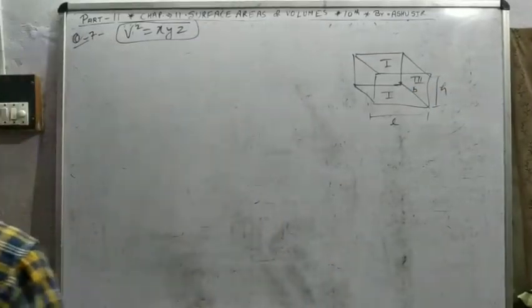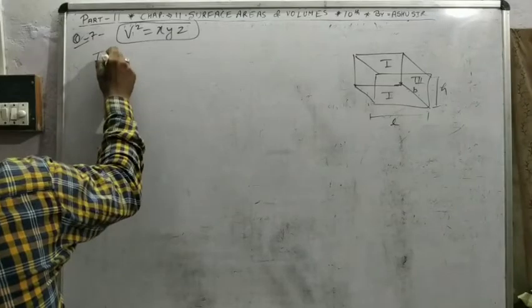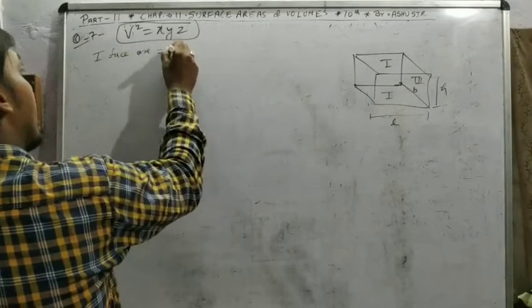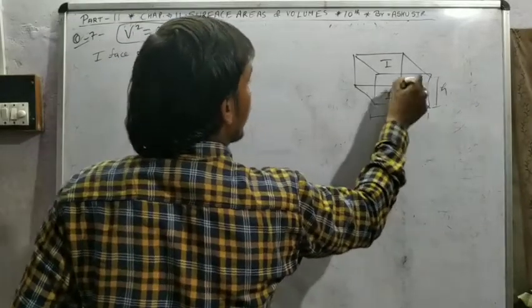The question says the three adjacent faces' areas are x, y, z. First face area, that is x, is equal to length into breadth.